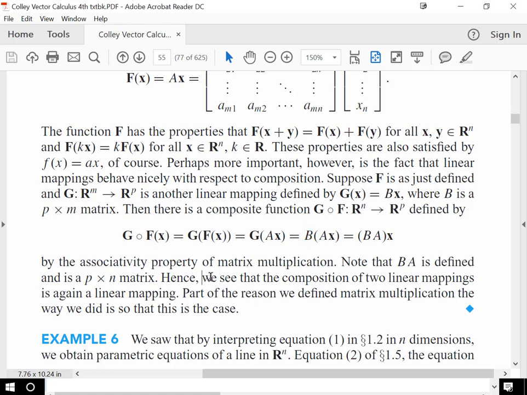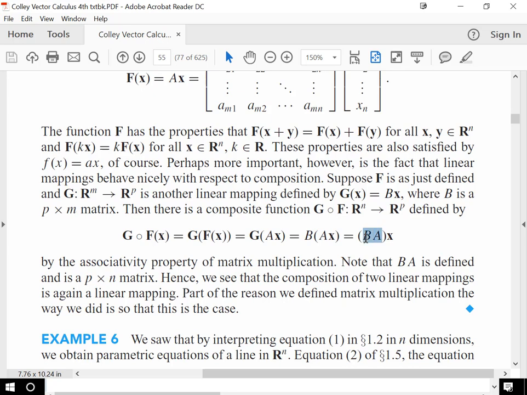So what we see is that the composition of two linear mappings, both g and f were linear mappings because they were both multiplications by a matrix, which we just above showed will be a linear mapping. And now we have that the composition of linear mappings is itself a linear mapping. And we see that here because g circle f of x, this is the composition, is just a matrix multiplication of x.